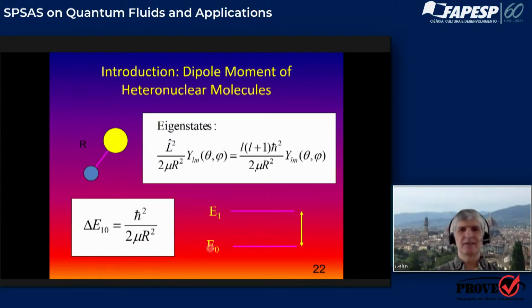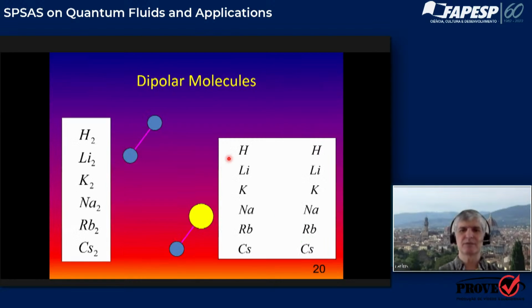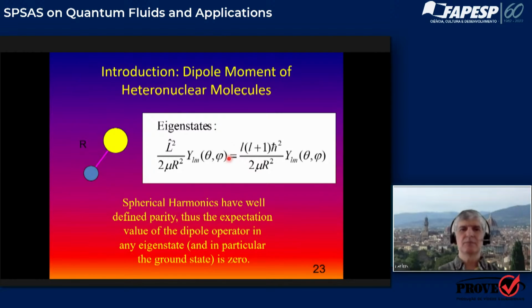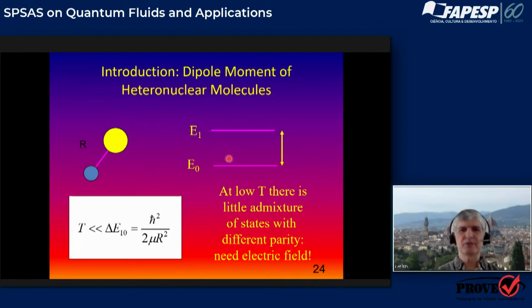And this rigid rotor would have, let's say, the two lowest energy states, J=0 and J=1, associated with the moment of inertia of those molecules. The eigenstates are the spherical harmonics. We can use the dipolar molecules, in principle, from those systems, to analyze the systems at low temperatures.